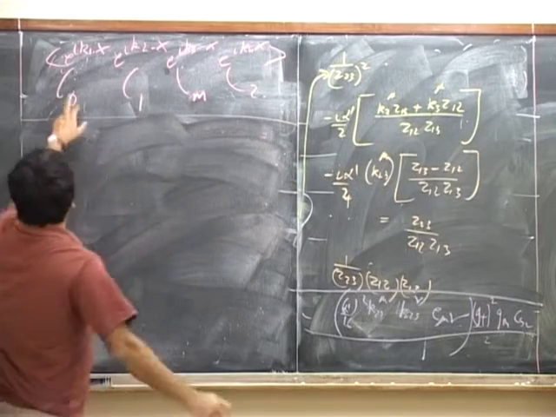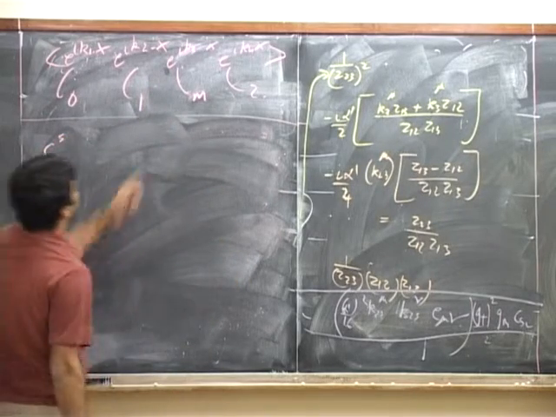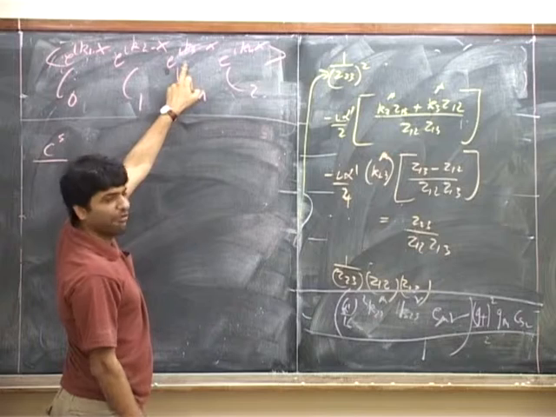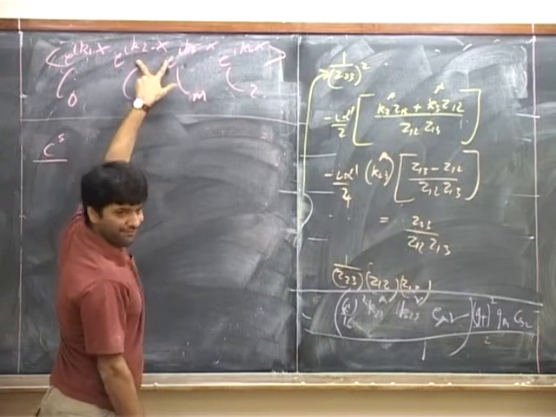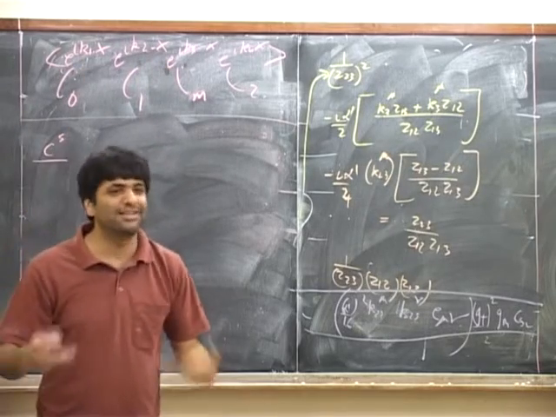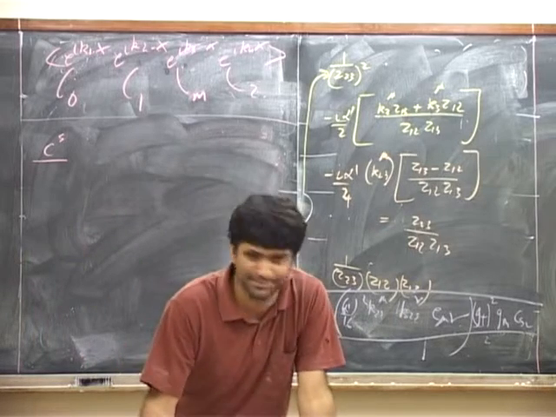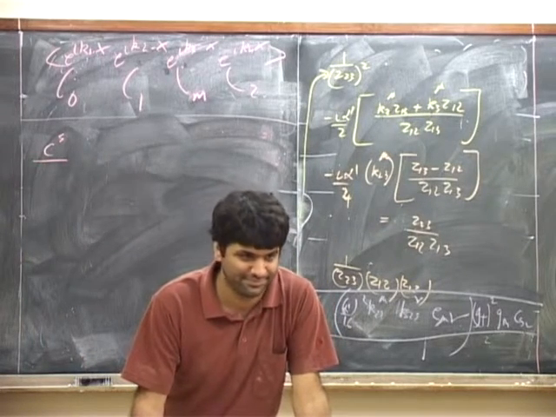Okay, so from this, let's do the C's. The C's are just a factor of M from this guy and M from this guy, because from the C's we get Z32 times Z31.